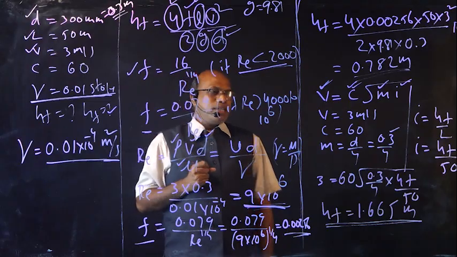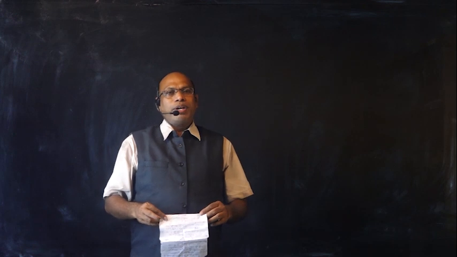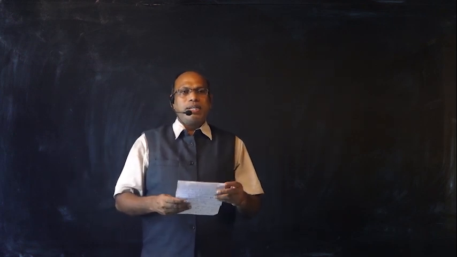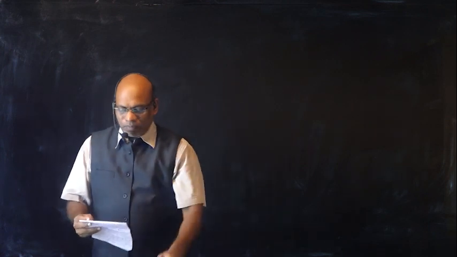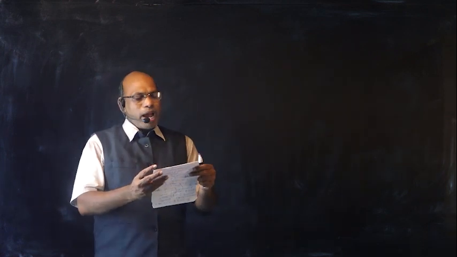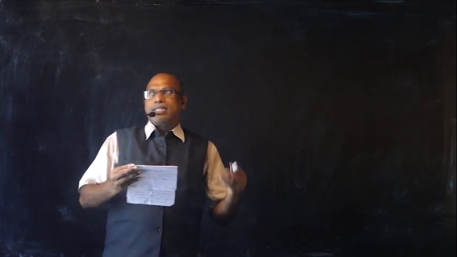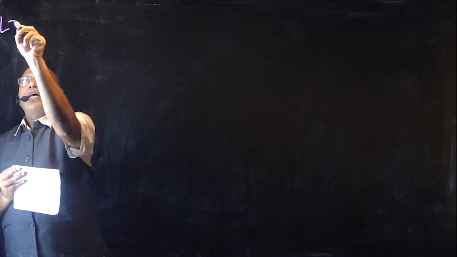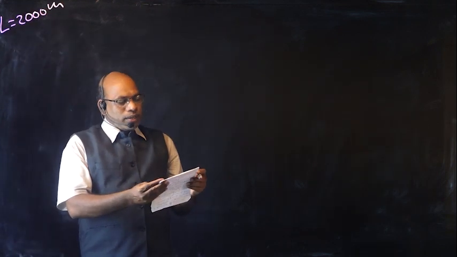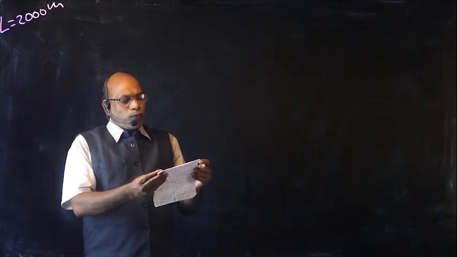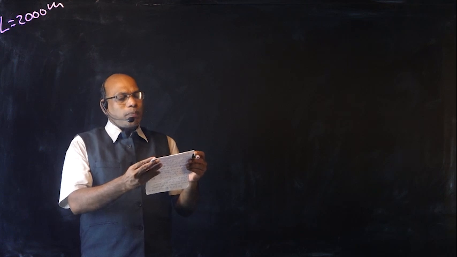Very clear? Now we are going to solve one more problem related to head loss due to friction, that is the major loss in the pipe flow. Please note down the problem. Find the diameter of the pipe of length 2000 meters, when the rate of flow of water through the pipe is 200 liters per second.